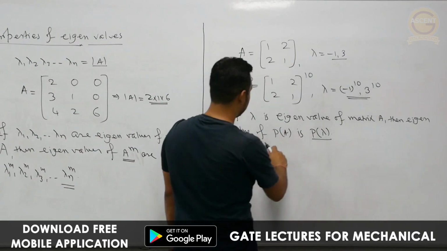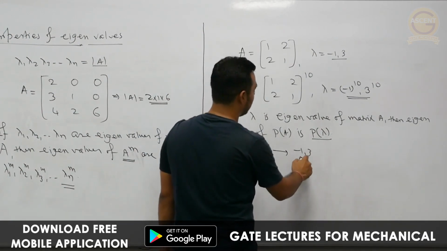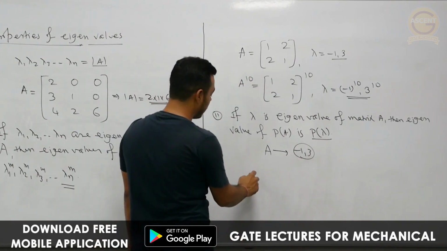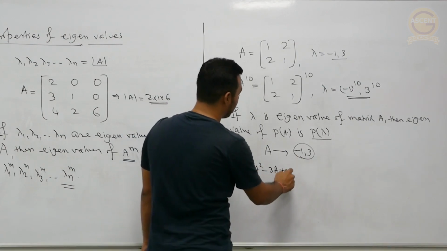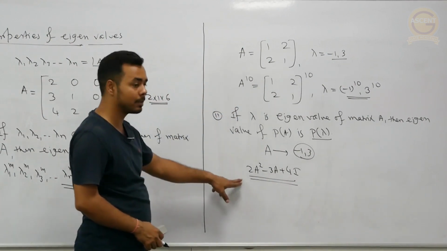Let me explain this again. Suppose I have a matrix A and its eigenvalues are minus 1 and 3. Now we want to find the eigenvalues of this matrix, say 2 times A square minus 3A plus 4 times identity. You are interested in finding the eigenvalues of this matrix.